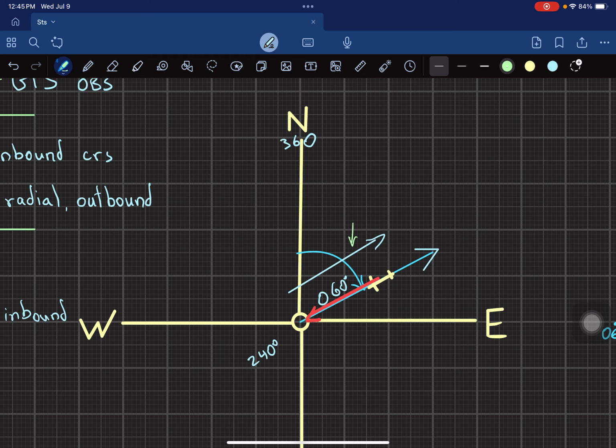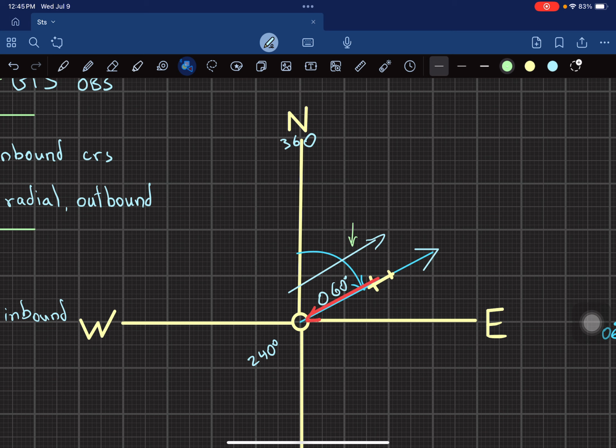If the wind is pushing you into the inbound course, you will correct outside the hold. And if the wind is pushing you outside of the hold, you will correct into the inbound course.